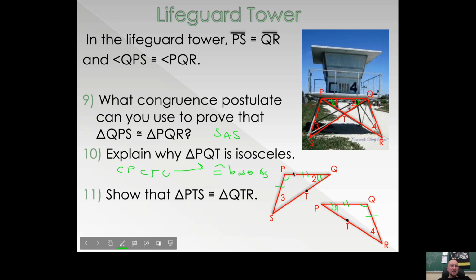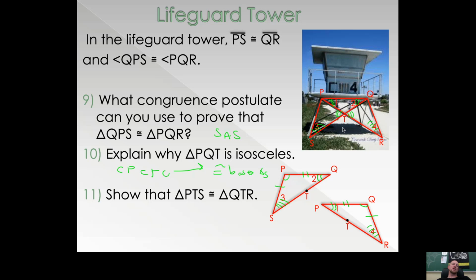Show that triangle PTS, that's this one, is congruent to triangle QTR. That's that one. And I don't have these drawn, so this might be a little bit tougher to see. But we definitely have vertical angles here. I can mark that. Also, if these two triangles are congruent, which we know they are, I'm going to have to use 4 arcs, but angle 3 and angle 4, they're congruent by CPCTC.